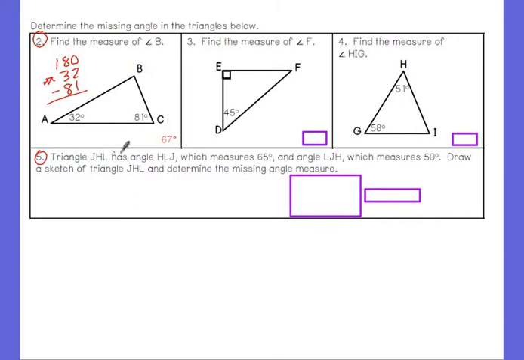Number 5 says we have a triangle that has an acute angle. So I'm going to draw a triangle. My triangle diagram doesn't have to be perfect.